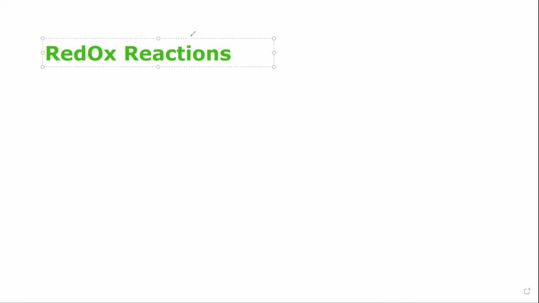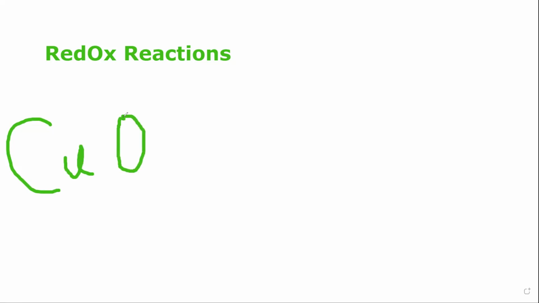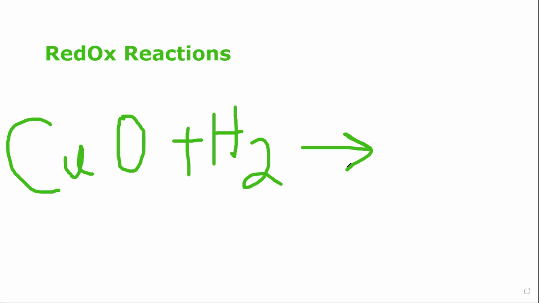Basically, what is happening here is that the copper oxide, or CuO, is heated and hydrogen gas is passed over it, and the products are copper and steam.